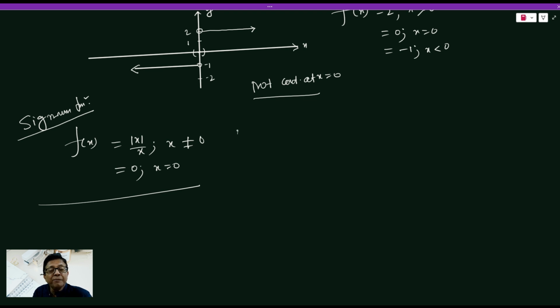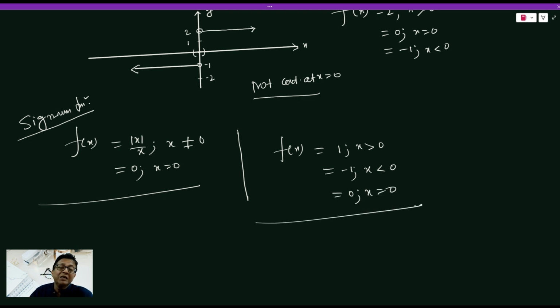So for this signum function, if you rewrite the function, it will be x by x, I mean 1 for x greater than 0, minus x by x, -1 for x less than 0. Remember it, 0 for x equal to 0.